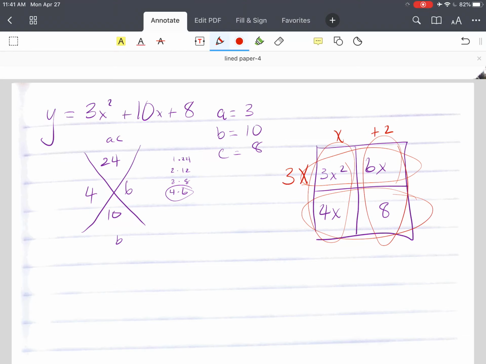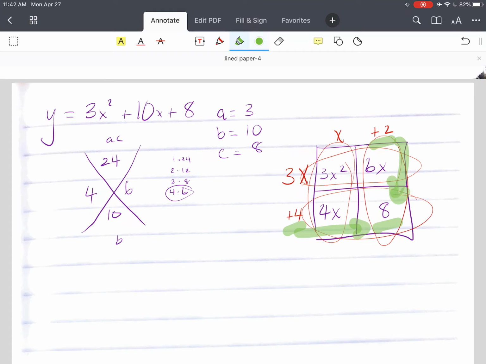And similarly, let's take a look at 4x and 8. What do they both have in common? They don't have an x, but they do have a 4 in common. And let's just check that we factored this correctly. 4 times 2.